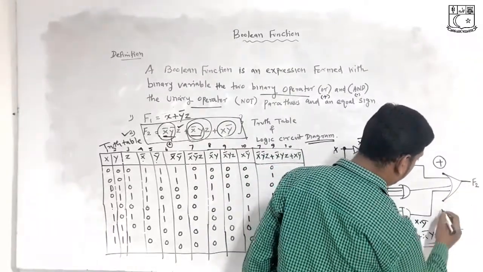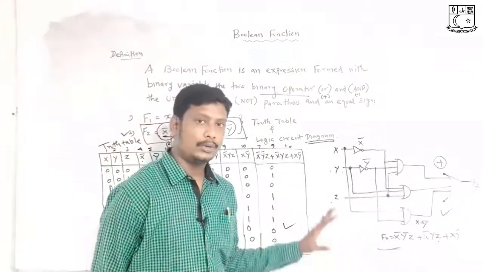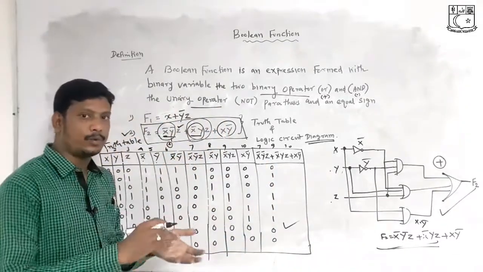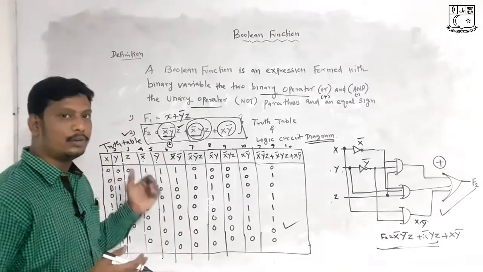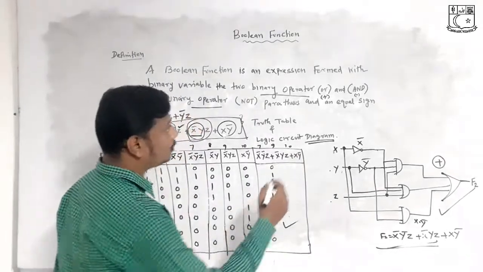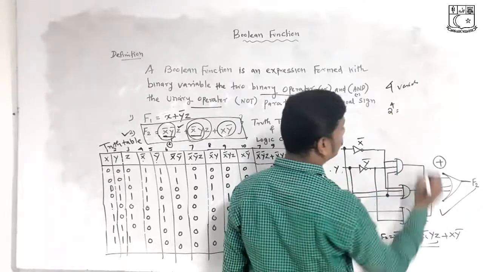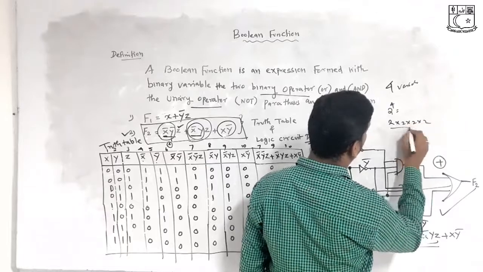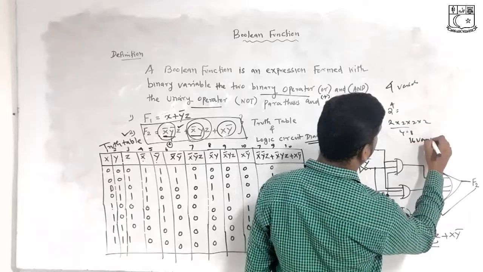So this is the simple logic circuit diagram. You can change the function: this is a 3-variable example, but 4 variables, w, x, y, z, means 2 to the power of 4, 2 into 2 into 2 into 2, which is 16 values.